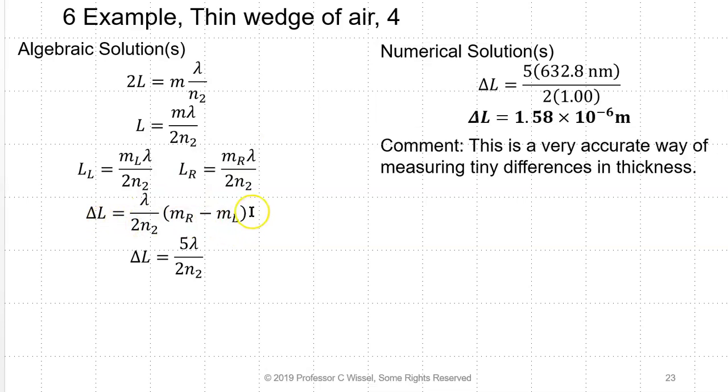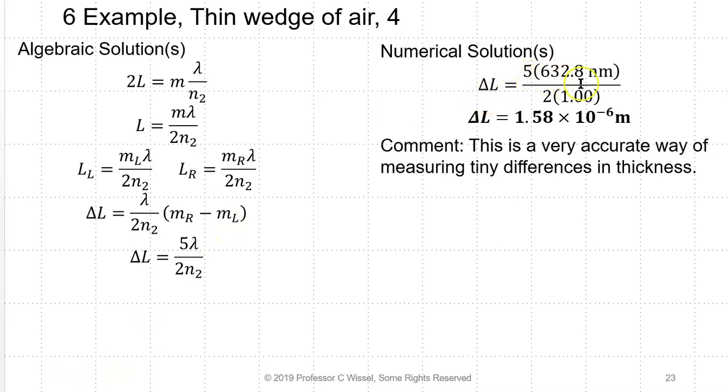Delta L is just subtracting these two from each other. If we pull out the common terms, we wind up with delta L equals lambda over 2 n2 times the quantity m_R minus m_L. We find that delta L equals 5 lambda over 2 n2. The 5 comes from the fact that m_R minus m_L is 5, because there are 5 dark fringes between the right and left side.